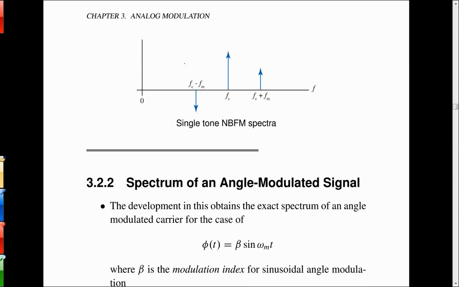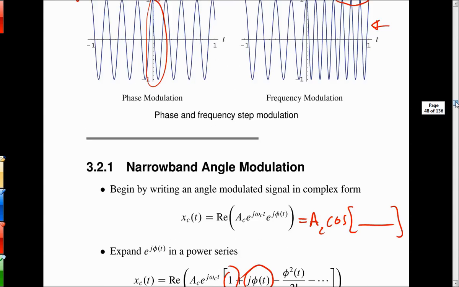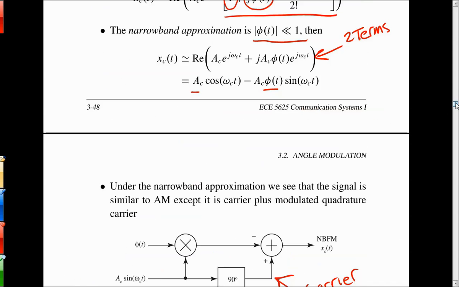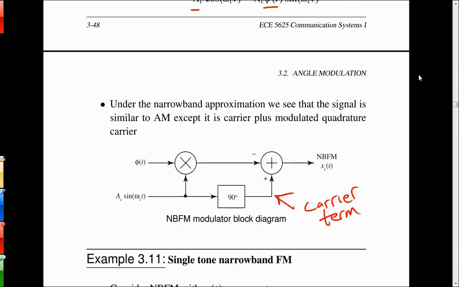So how were you able to make the approximation that the sine of the message, I guess one page back? Right, I just said the magnitude of phi has to be much less than 1. Oh, no, I'm sorry, it was in the example, Example 3.11.